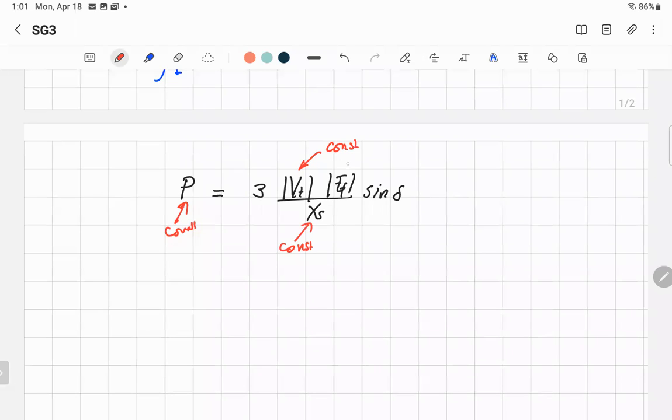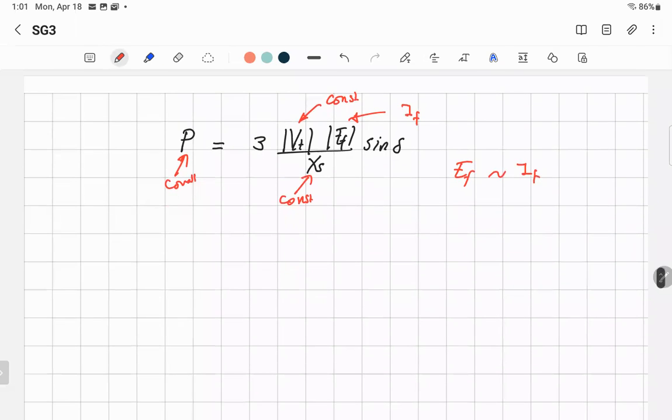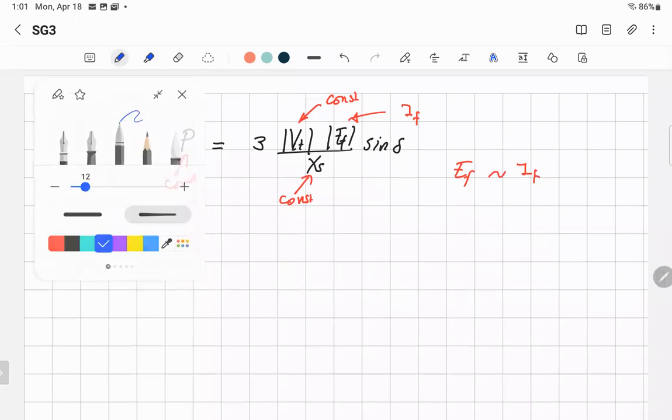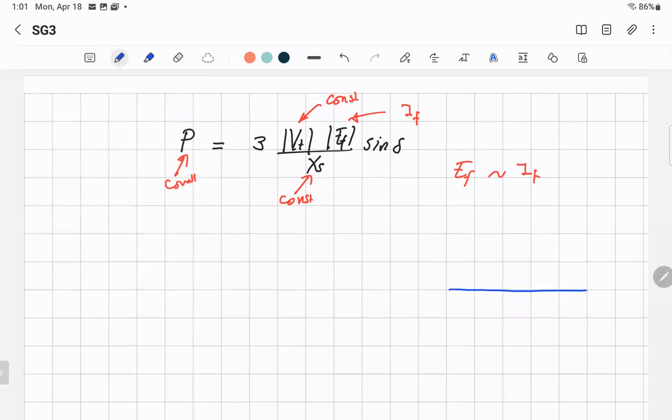So this is going to change because EF is proportional to IF. And we did that many times about the magnetization curve. Let me just refresh your memory. And you're going to do one this week. In the synchronous generator lab, we are going to do the magnetization curve too.